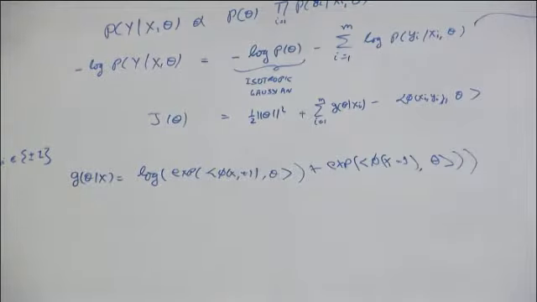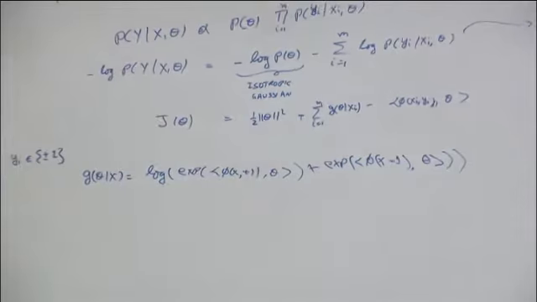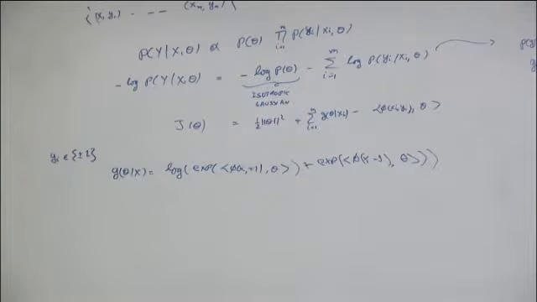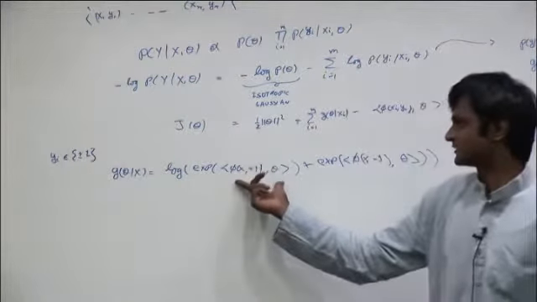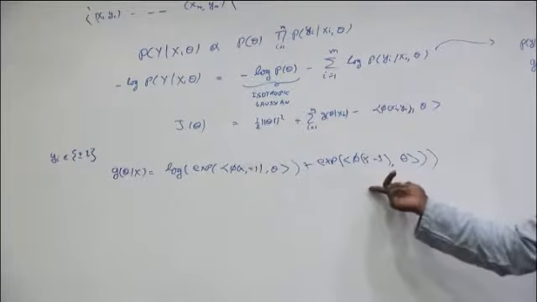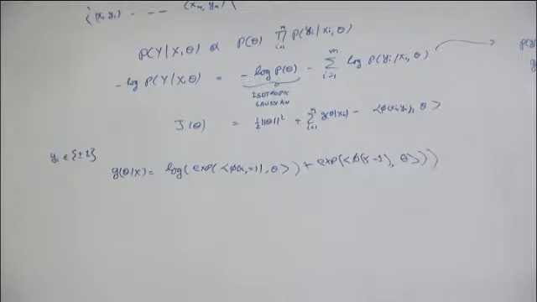This is just from the definition. This is the log of the sum of exp over all possible values of y. Now I have restricted y to be just +1, -1, so I just substitute it in here and I get this quantity.